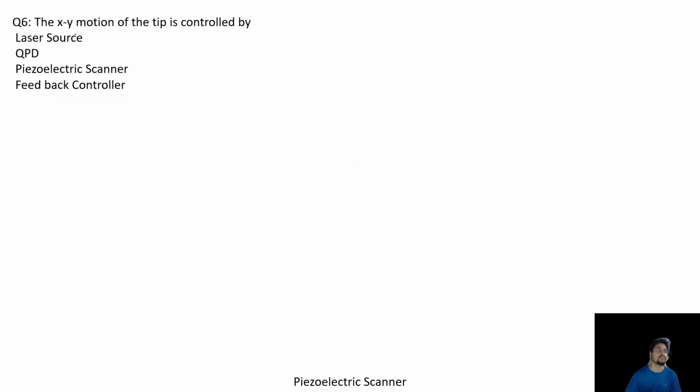Now come back to question 6. The XY motion of the tip is controlled by, as we already know, the piezoelectric scanner. This is the piezoelectric scanner, this is the cantilever, and this is the tip. A piezoelectric material changes its dimension depending upon the voltage.